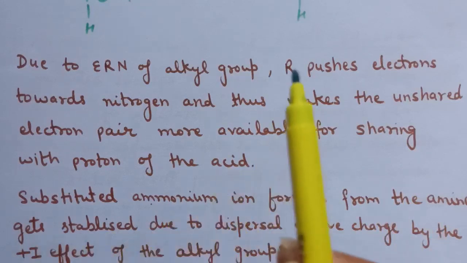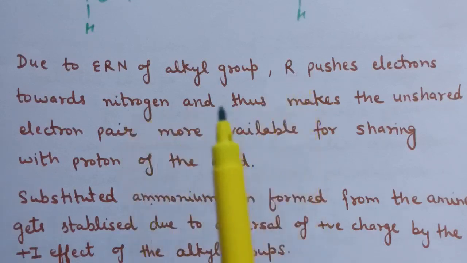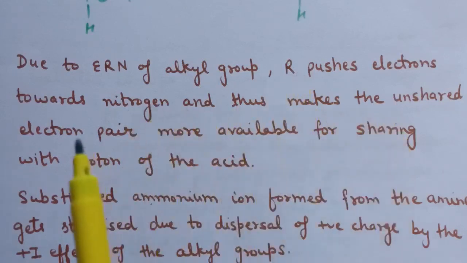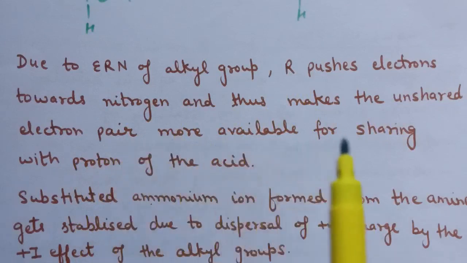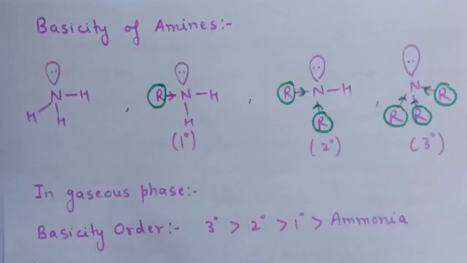Because these R groups donate the electron density towards nitrogen atom, and therefore unshared electron pair is more available for sharing with the proton of the acid. So that is why aliphatic amines are more basic than ammonia.